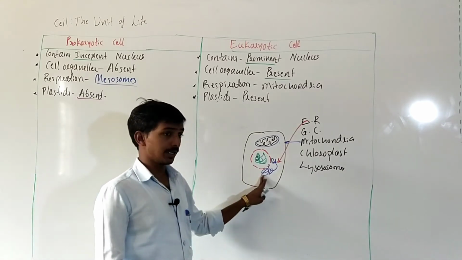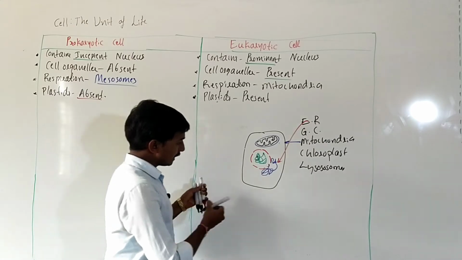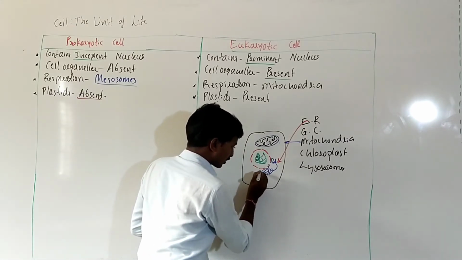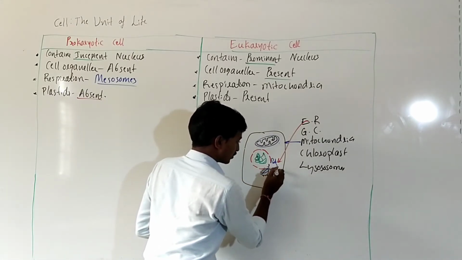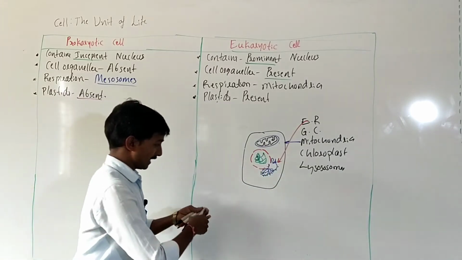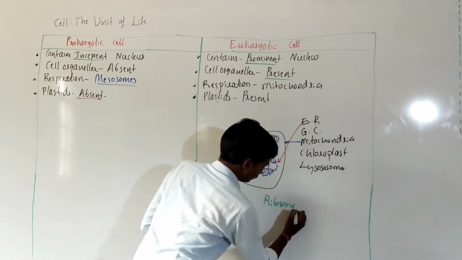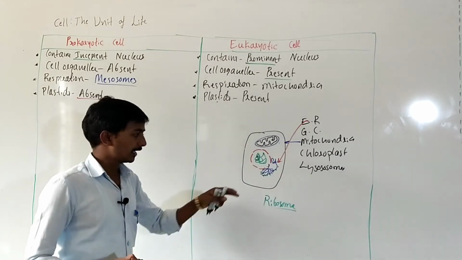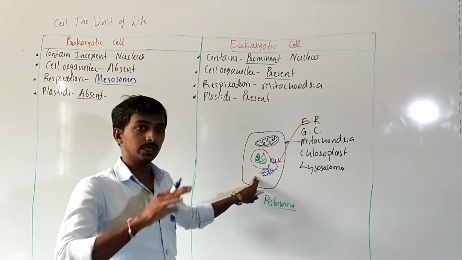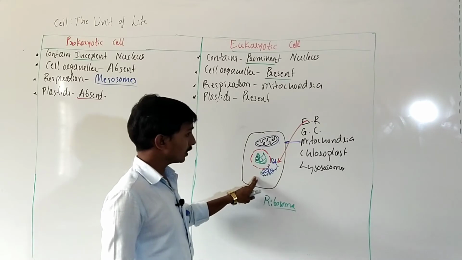On this endoplasmic reticulum, there are minute structures known as ribosomes. Ribosomes help in the synthesis of proteins, protein synthesis.